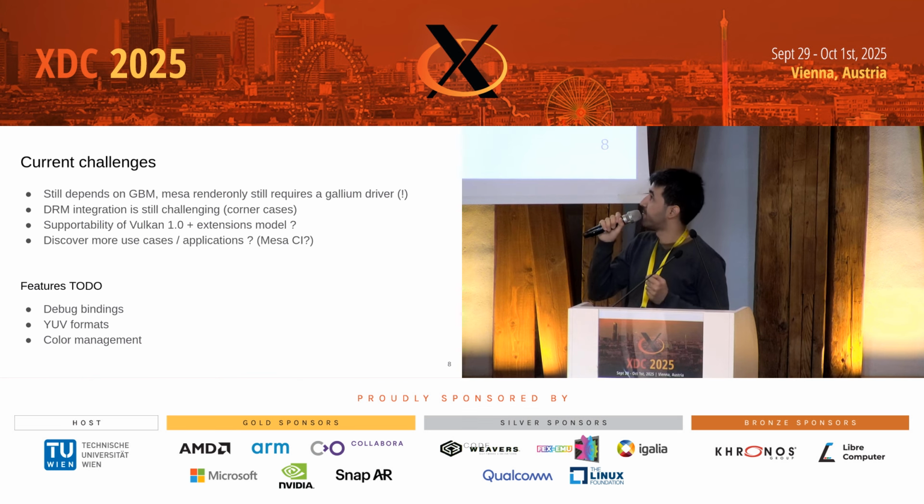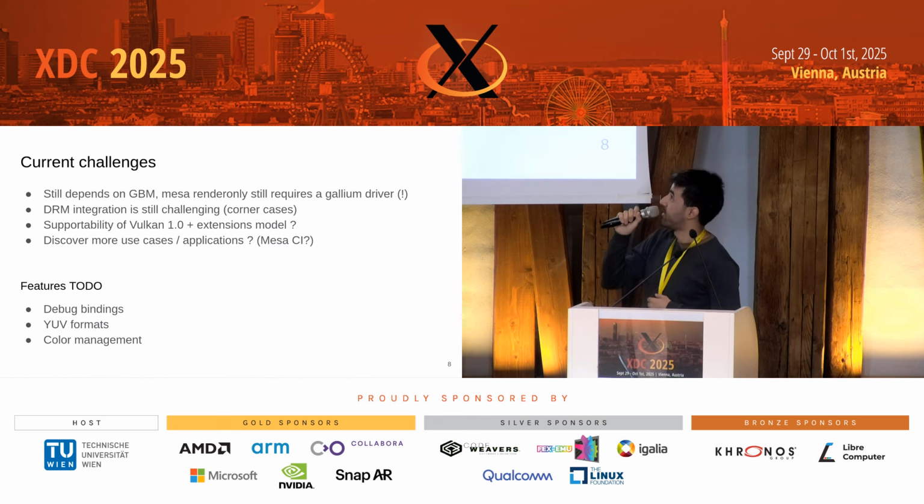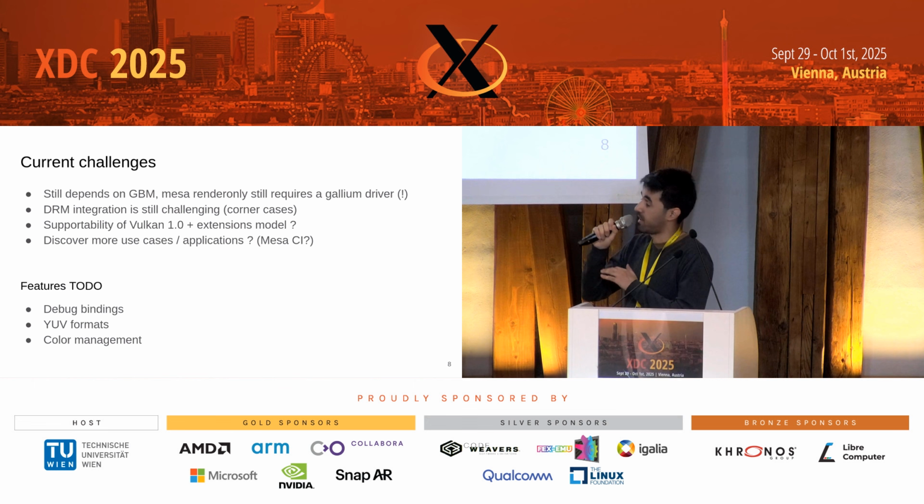So if you try to use the DRM backend in Weston, by default it will go to GBM. So that's still a blocker, because if you don't have an OpenGL driver, it doesn't really solve the problem, right? You can still use this, for example, with the VNC backend to test that the driver integration with Wayland is working, but it's still a little bit blocked on actually being able to run it with the DRM backend.